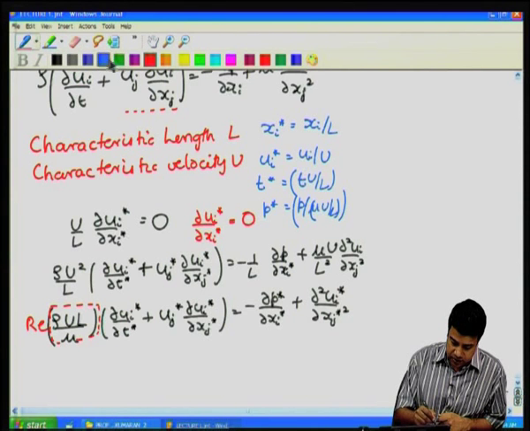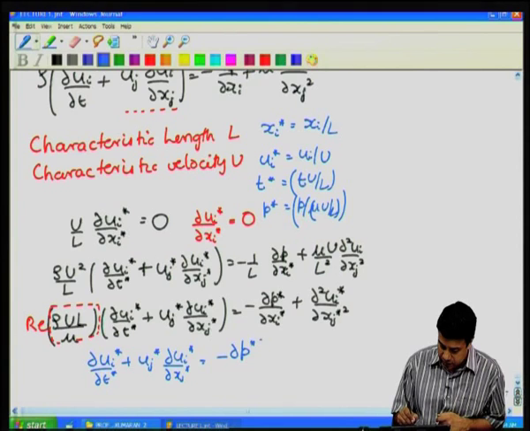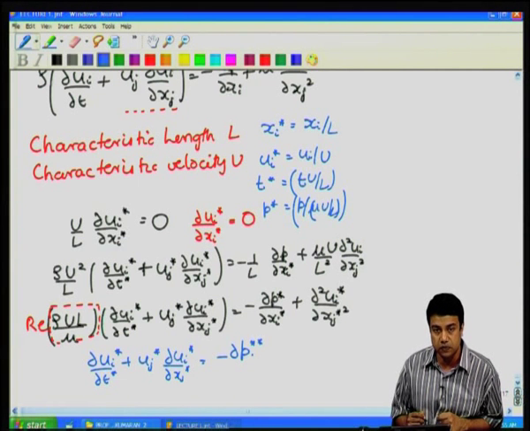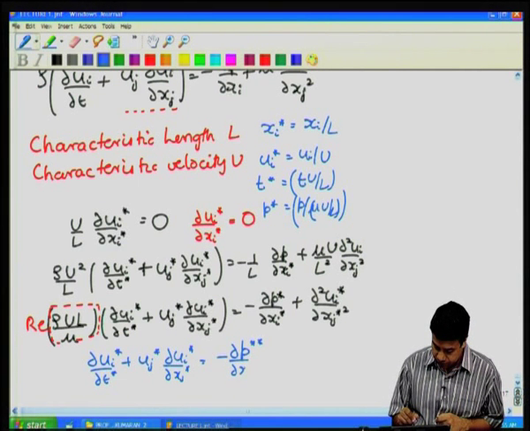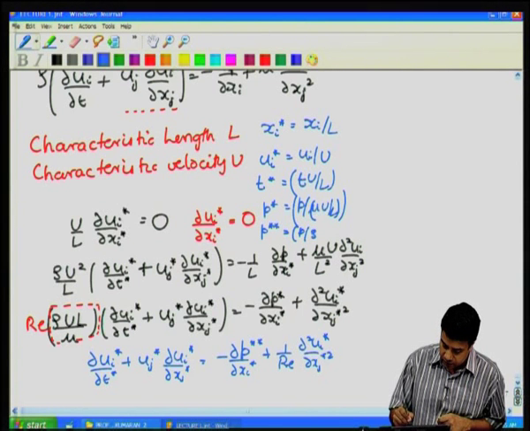In that case, the equation that I would get is partial u_i by partial t plus u_j partial u_i by partial x_j equals minus partial p, which I will call an inertially scaled pressure with 2 stars, plus 1 by Re partial square u_i by partial x_j square, where p star star is an inertial pressure, p by rho u square.